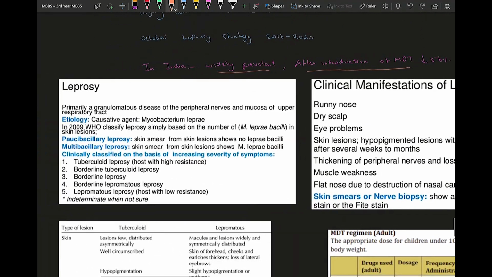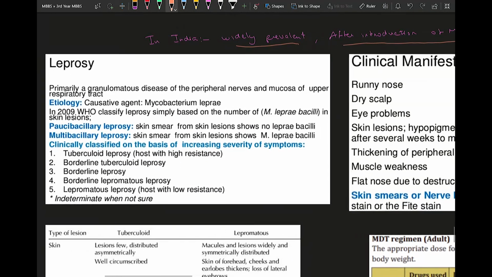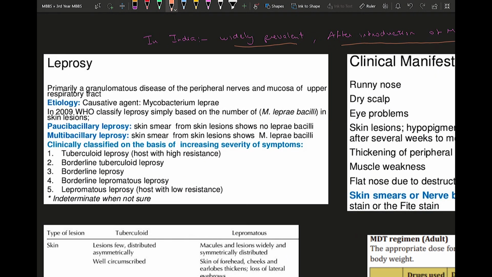Once again, leprosy is due to Mycobacterium leprae, and there are two types: paucibacillary leprosy and multibacillary leprosy. Paucibacillary shows no leprae bacilli, multibacillary shows leprae bacilli, and clinically they're classified into tuberculoid and lepromatous.